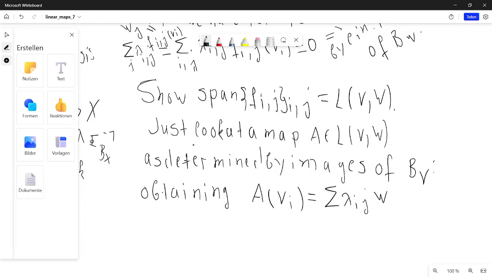But the vector to which it maps can be represented with respect to the basis BW, and we get some constants which depend on i, because here we have considered this image, and we go through all j's because we have to have a linear combination of all basis vectors in BW. Right, and this is for i in 1 to n, obviously.